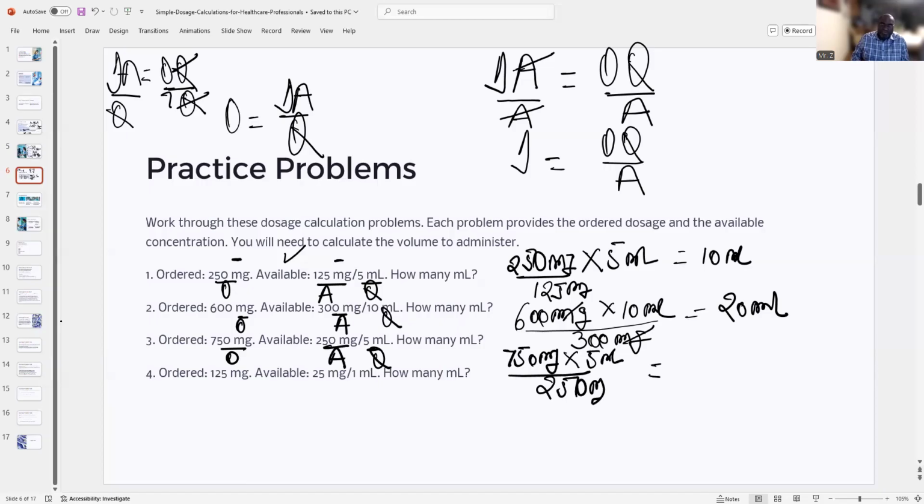All right, so far your answer is going to be 15, regardless which way you do. Times 5 divided by 250. So on number 3, you will have 15 milliliter.